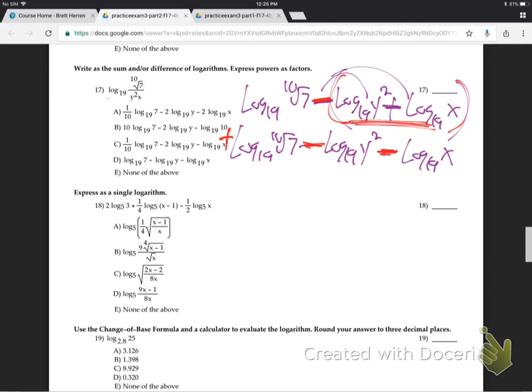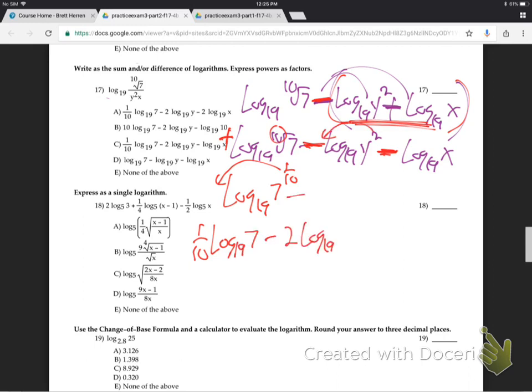Okay, now last thing, this 10th root. What does this 10th root do? That's a 1/10 power which comes from it, right? Do you remember that roots are fraction powers? So that's a 1/10 that comes to the front. And this 2 comes to the front. And that's it.